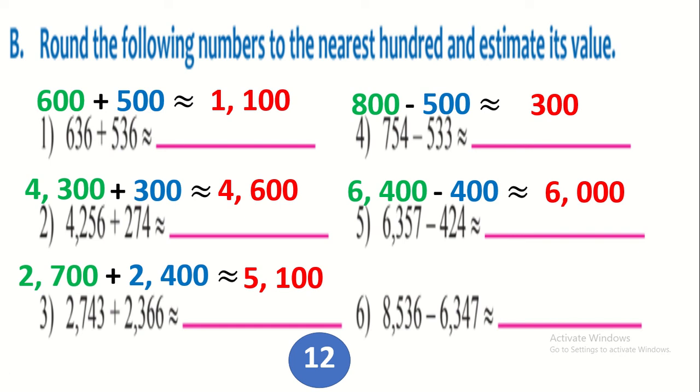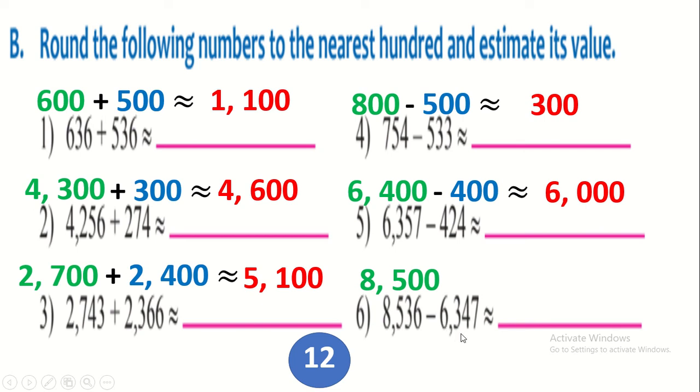Next is number 6. Number 6 is 8,536 minus 6,347. The nearest hundred for 8,536 is 8,500.